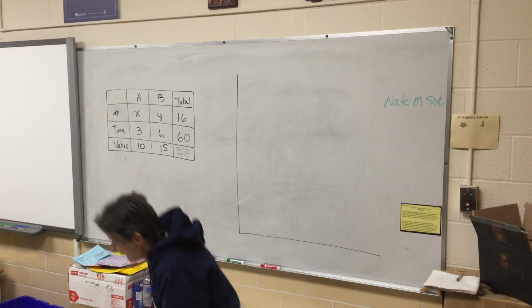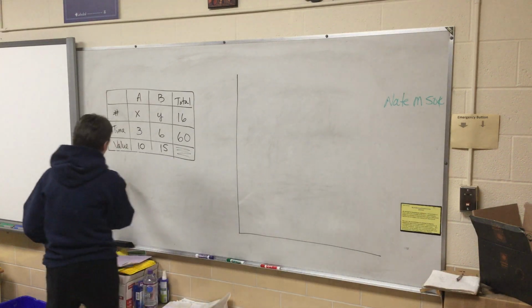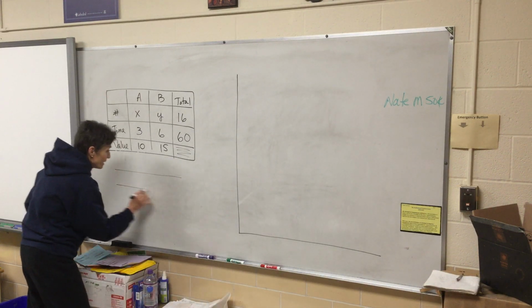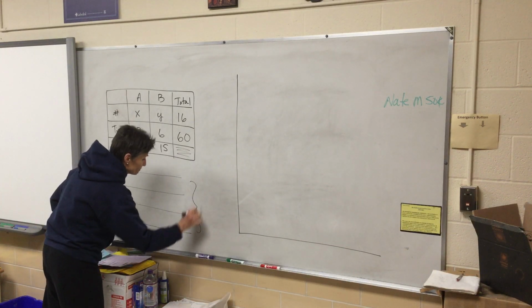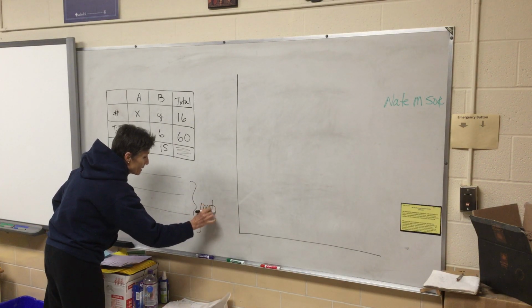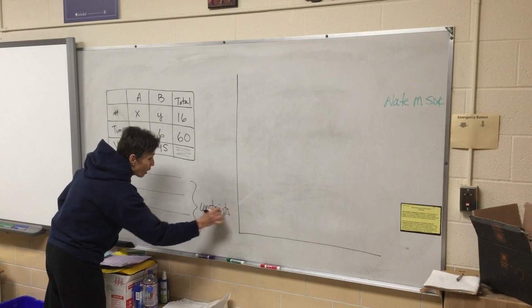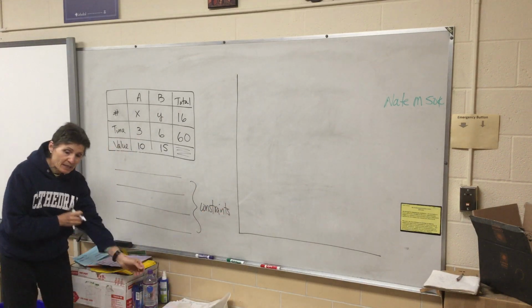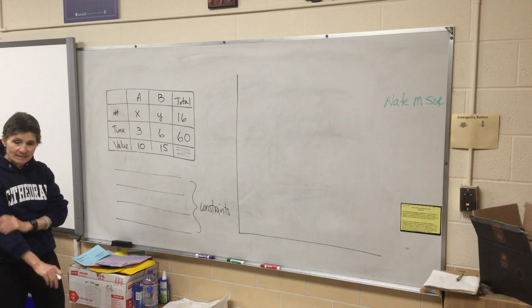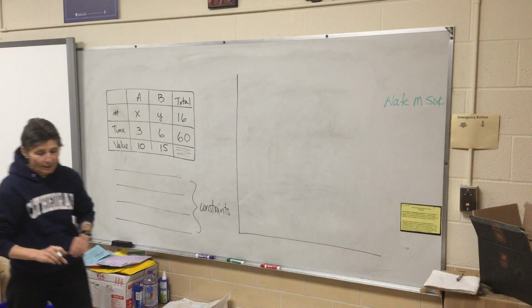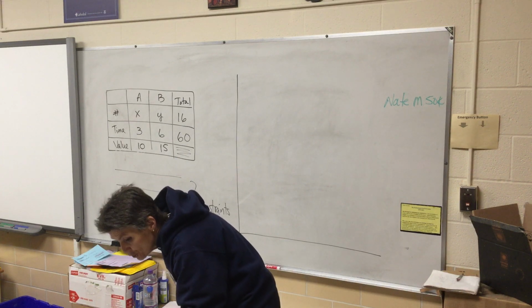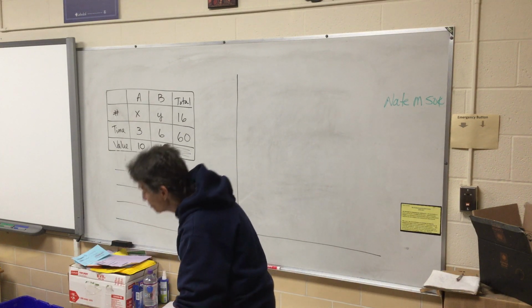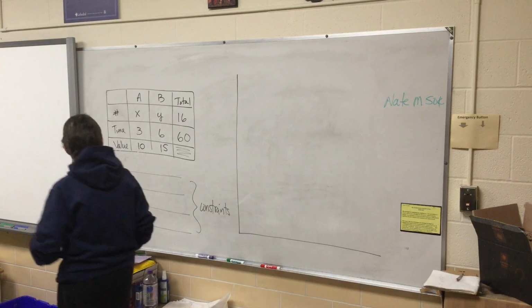Okay, now, there are several lines drawn there. These are for what we call the constraints. And those are basically the inequalities that are going to come from this table. Here's what I mean. It says in the problem, you may not answer more than 16 questions.